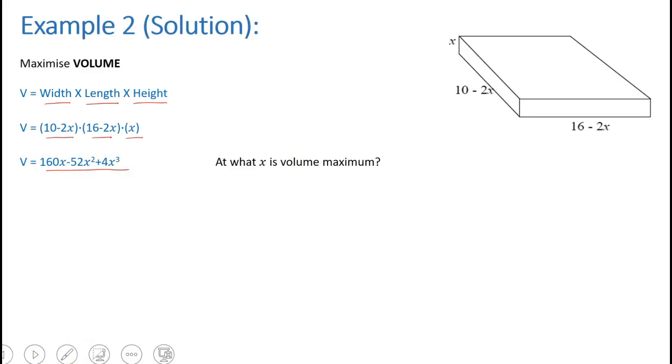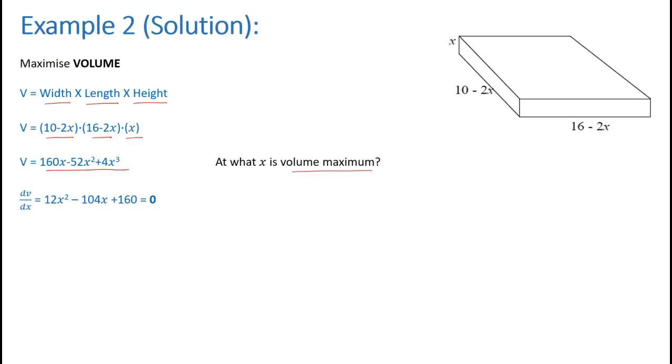Then we ask ourselves, what is the x value that will make the volume maximum? So the next step is we need to find the x value. How do we find the x value? First of all, we differentiate V with respect to x to find the first derivative.